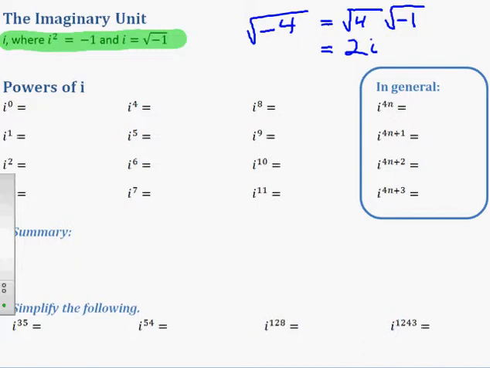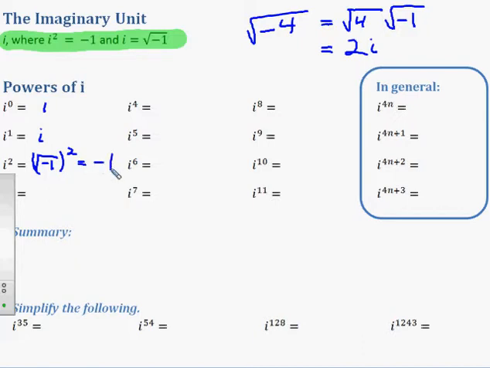So before we learned i to the 0, anything except 0 to the 0 power we learned is just 1. i to the first, that's just i. i squared we can think of as the square root of negative 1 squared. Well, the square roots squared cancel each other, so this is just equal to negative 1.